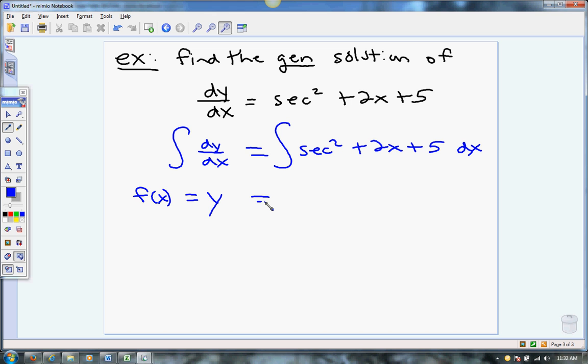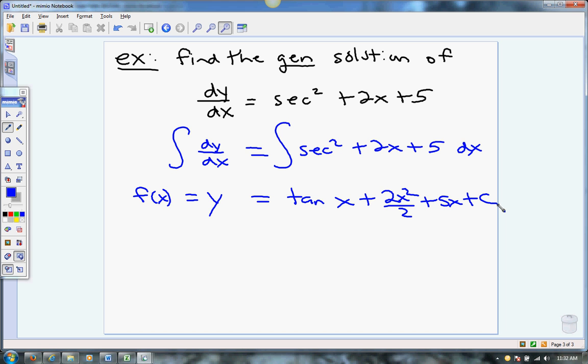So this y is going to equal, this one's a pretty easy one, but let's just humor me here for a second. The integral of secant squared is tangent of x plus 2x squared over 2 plus 5x plus c.